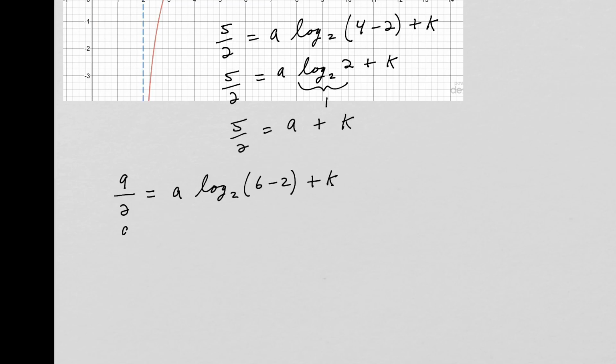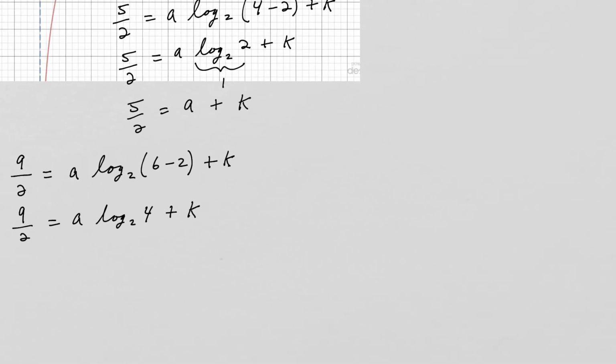Well, so this is 9 halves is equal to a times log base 2 of 4 plus k. Well, what's log base 2 of 4? You could either do that on your calculator, or if you think about it, let me do it on the side here.